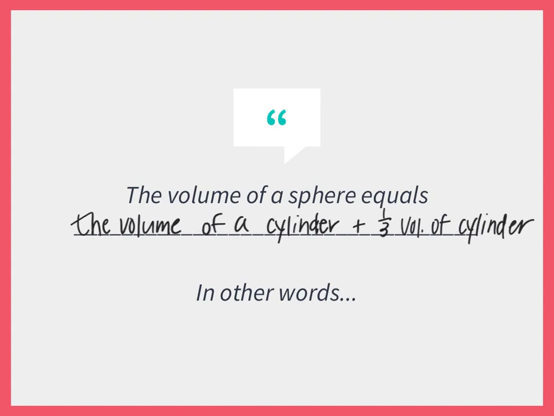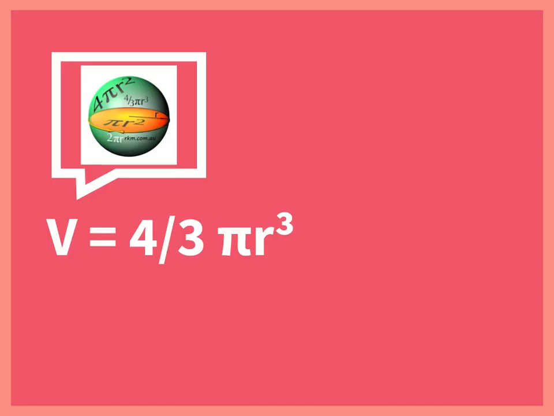Let's remember that the volume of the cylinder was pi r squared h. And this h is actually also going to be the same thing as our radius. So let's think about where this comes from. Based on what we were just talking about in the last slide, we have pi r squared times h plus 1/3 pi r squared times h, but instead of our h's, let's remember that that's actually just the radius of the sphere.